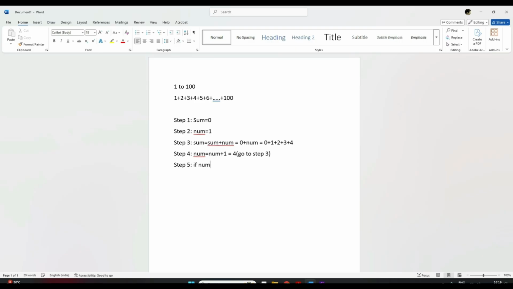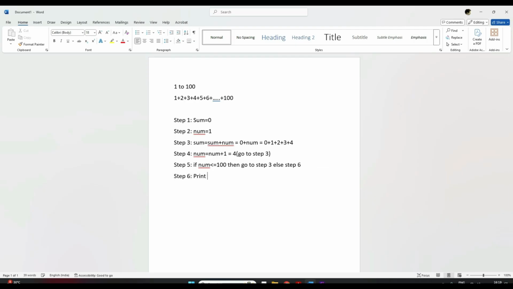If num less than equal to 100, then go to step 3, else step 6. See, we have to go till 100 only. So till the time num is not equal to 100, you go to this step 3 again and again. But once you reach 100, we don't want it to continue further, right? So then you go to step 6, which is your next last step.